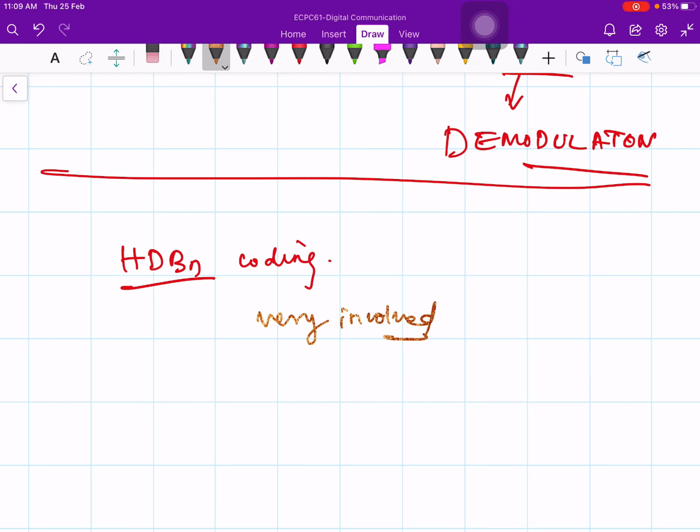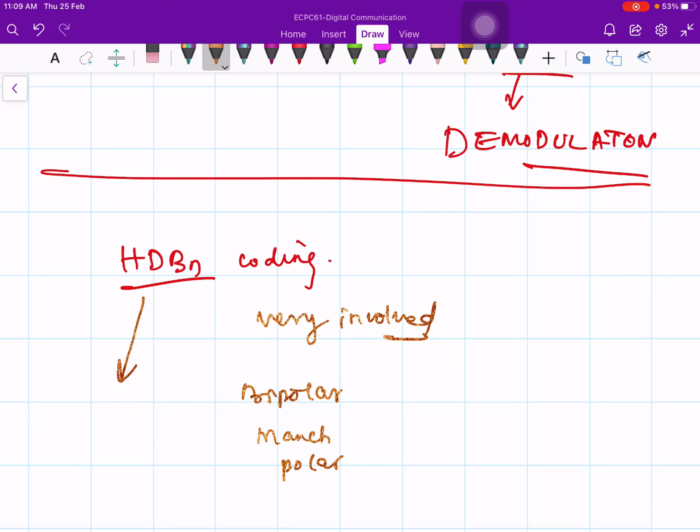Basically, what turns out is that if you try to do the spectral analysis in the manner that we have done for bipolar, Manchester and polar coding, then we will be in trouble.